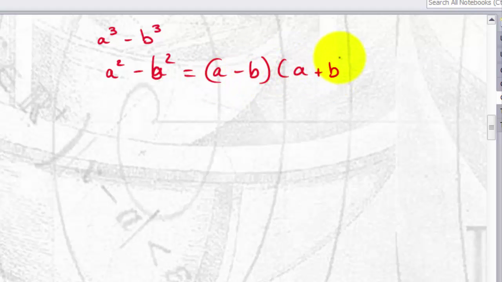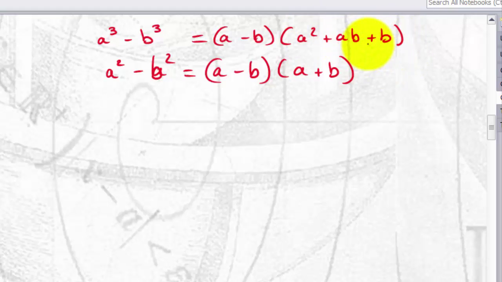I know you all know how to factor a difference of squares, right? This is a minus b times a plus b. The difference of cubes starts in the same way, a minus b, but then inside you have a squared plus ab plus b squared.